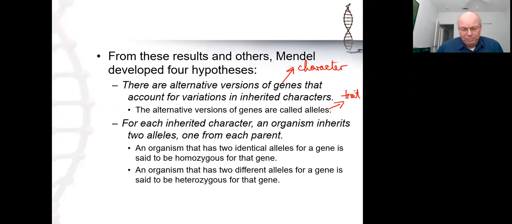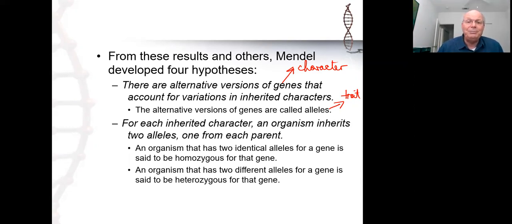So once we recognize that there are different versions of the alleles and they're on these homologous chromosomes, remember that while they may be the same size, same shape, same location of the centromere, same banding patterns if you stain them with dyes, and the same genes in the same locations on the chromosomes, the one difference is at the allele level, because they may or may not have the same alleles on those homologous chromosomes.